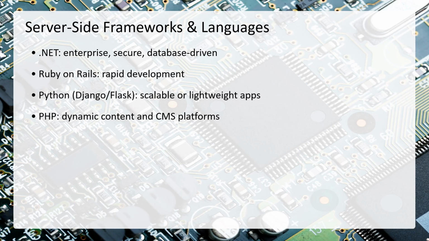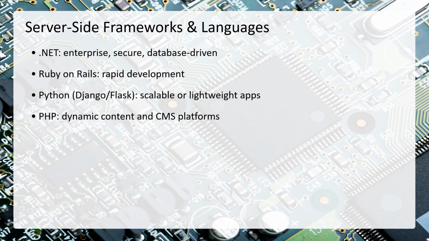So basically, each of these frameworks is a toolkit. So developers choose different frameworks or toolkits depending on what type of application they're building. And I'll just run through these real quickly. So .NET is usually used in enterprise.